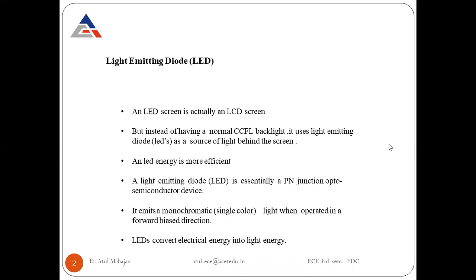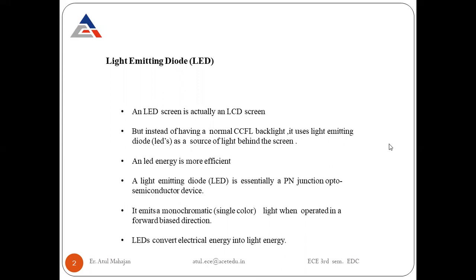So light emitting diodes, or LEDs, are essentially PN junction diodes. The normal working of it is as usual as your PN junction diode. The only difference here is that in case of light emitting diodes, we are using the output energy in the form of heat and light.